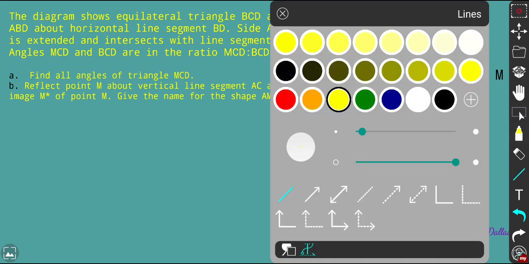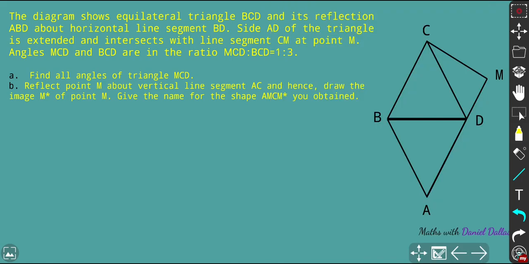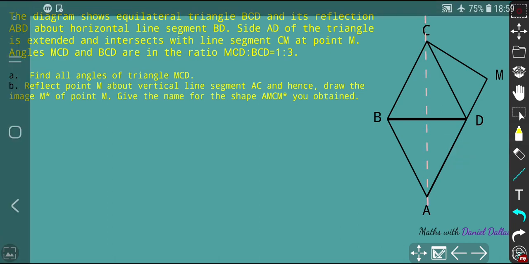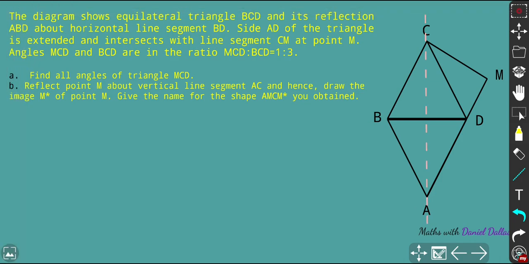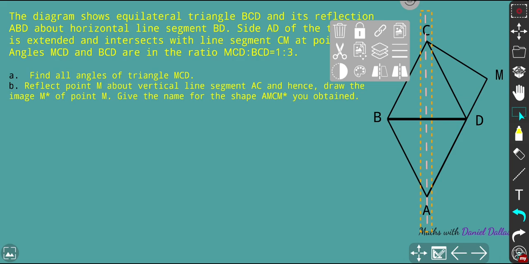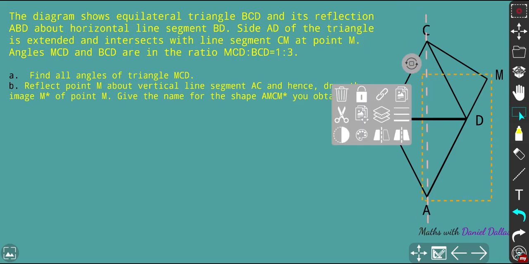Let's connect with a dashed line, let it be a red one, a dashed vertical line. Let's connect points C and A. That's going to be a vertical line segment that goes through two points, C and A.